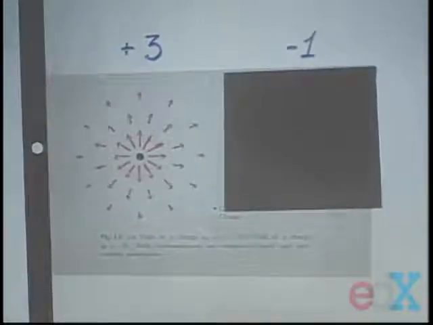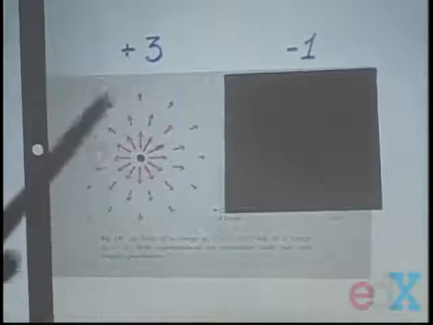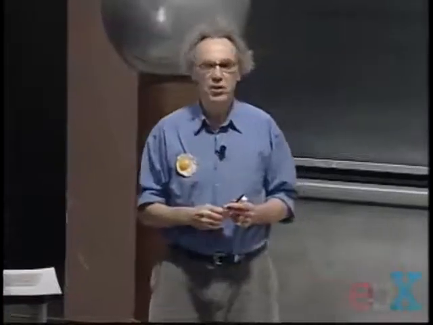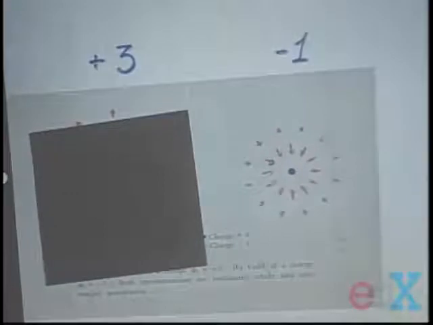The basic idea is here you see the field vectors, and the direction of the arrow tells you in which direction the force would be if it is a positive test charge, and the length of the vector gives you an idea of the magnitude. And here I have another charge -1. Doesn't matter whether it is -1 Coulomb or -1 microcoulomb, it's just a relative representation.